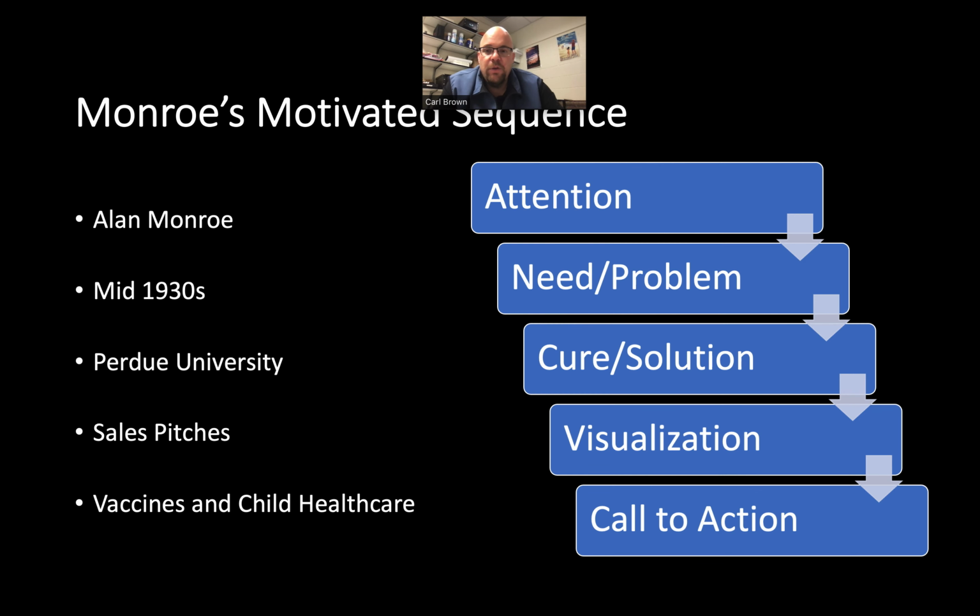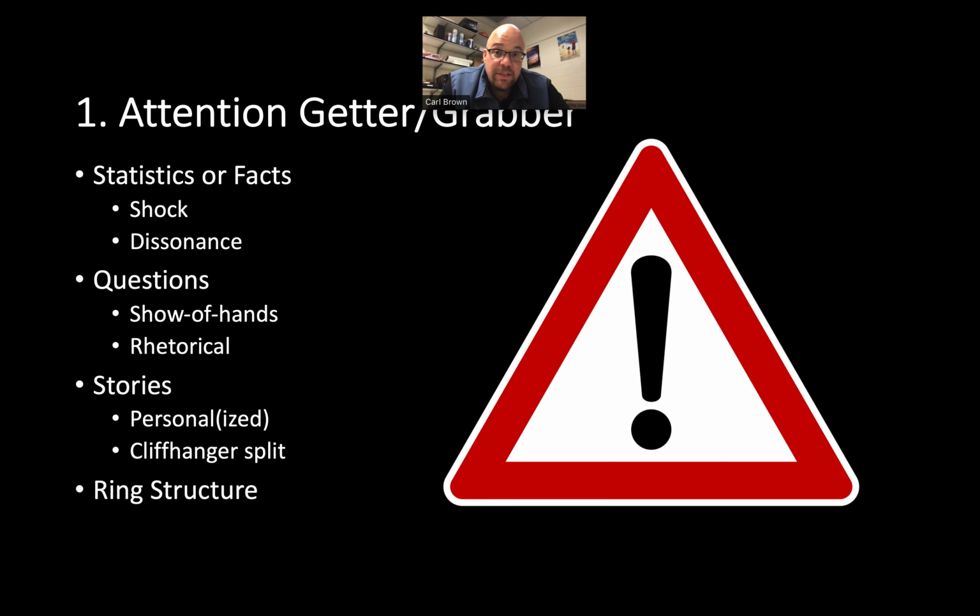And of course, you know about this already. I'm not going to go into a ton of details. What I will say is that this is a 5-step sequence. So you've got the first step being the attention step, where you really can use the same things we've always used: statistics, facts, questions, stories, that sort of thing. But we need to grab people's attention early and hard, basically, with Monroe's, because if we don't grab them early, we can't persuade them incrementally as we go.